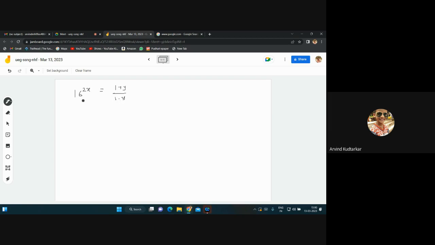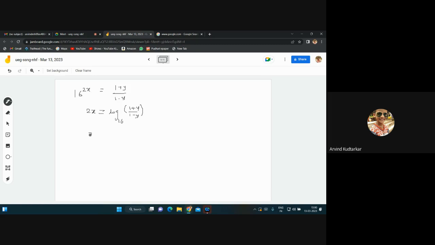So how to get the value of x? Taking log on both sides. When you remove that 16 in the LHS, in the RHS there will be log of 1 plus y upon 1 minus y to the base 16. That is equal to 2x.